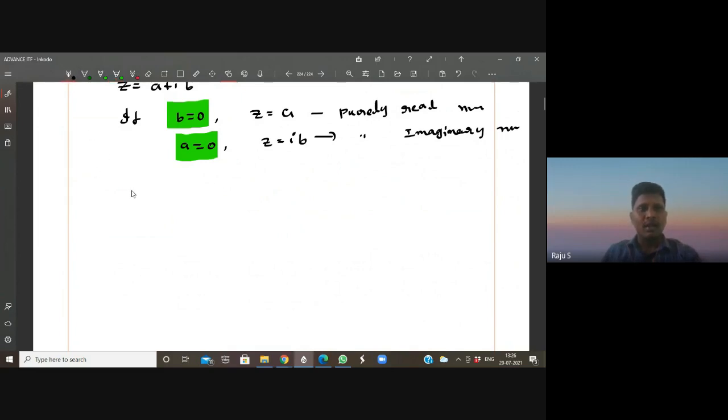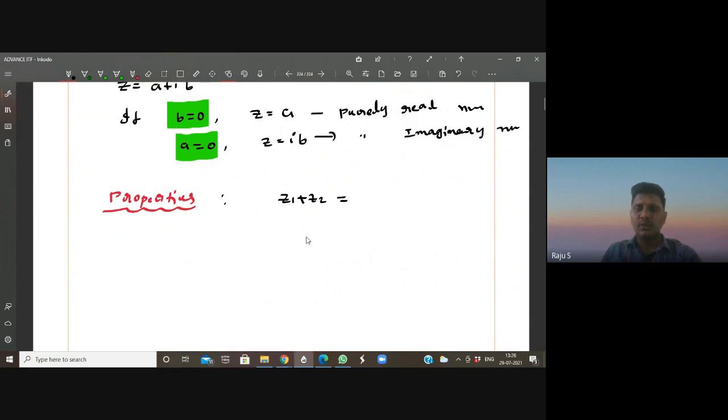And after that, already we have seen some properties. The simple properties: if you take any z1 value, z2 value, z1 plus z2.